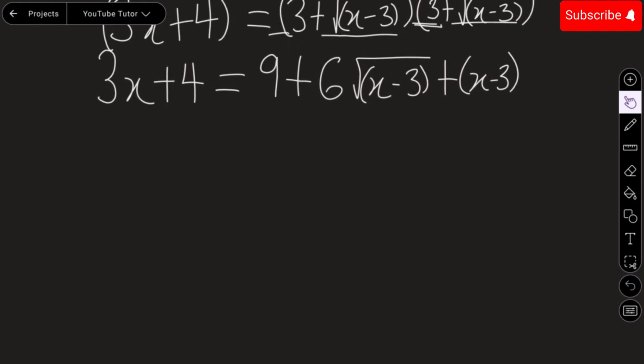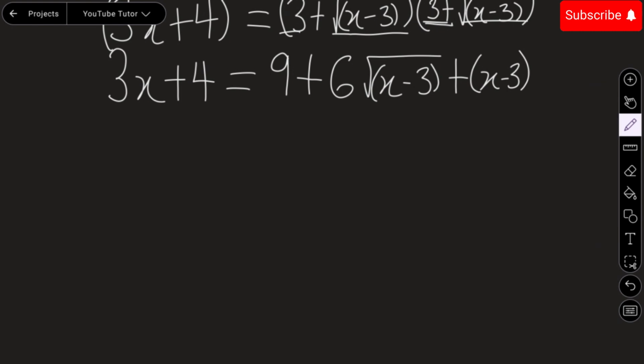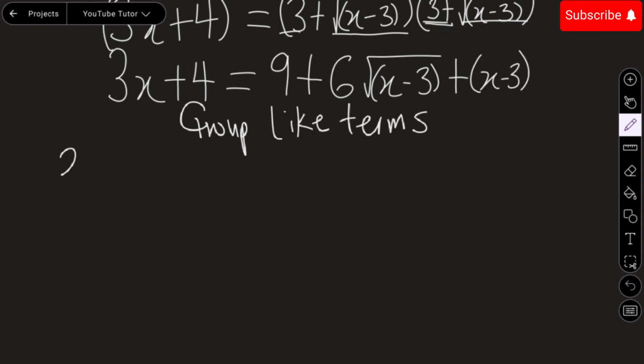Now that we have this, what we can now do is group like terms. Okay, yes, that's what we do. So now we have 3x plus 4. We can see that there is x here, there is minus 3 here, there is 9 here.